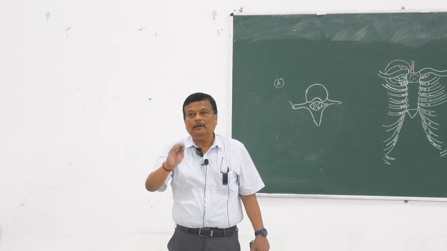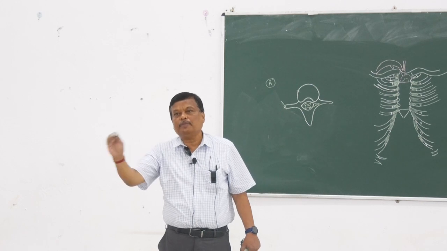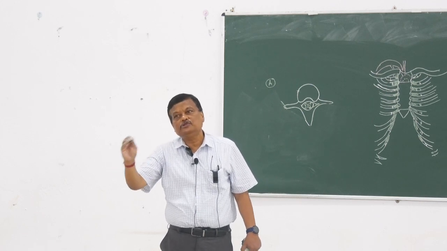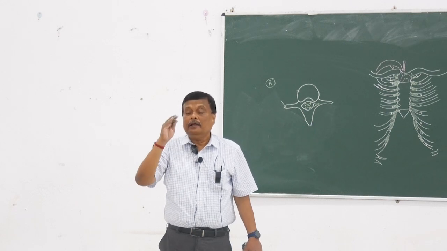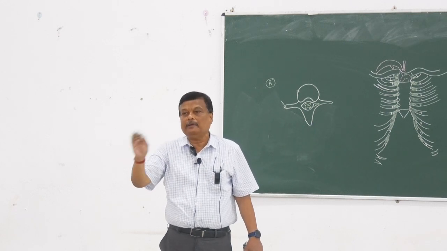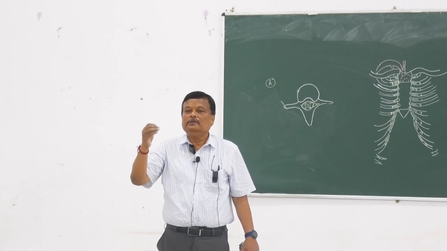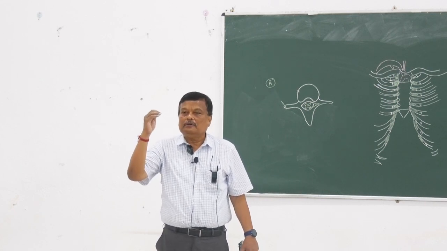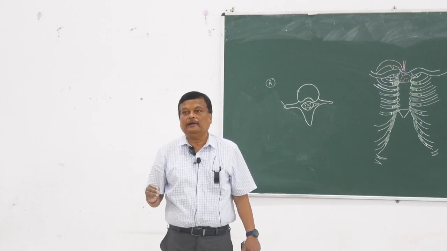In case of C1, it is the C1 spinal nerve. If it is C2, C2 spinal nerve. If it is C3, C3 spinal nerve. Thoracic: if it is T1, T1 spinal nerve, I'm sorry, it is the thoracic region. If it is T2, then it is the T2 spinal nerve. If it is T3, T3 spinal nerve.